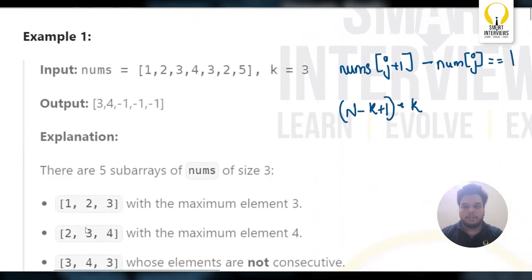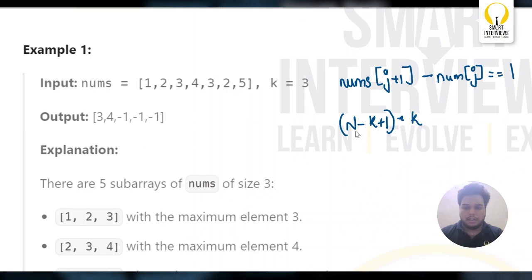If I take k equal to 500, even in the worst case, this will still be working. It won't cross the constraints. So we can implement this solution. Let's try to implement this solution quickly.